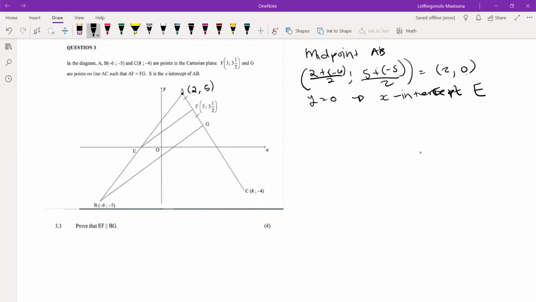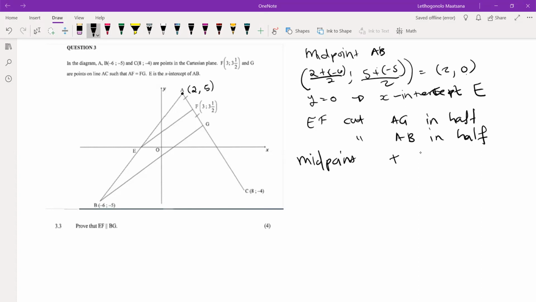So we can see here that EF cuts AG in half, and it also cuts AB in half. So according to the midpoint theorem, we can conclude that EF is parallel to BG.